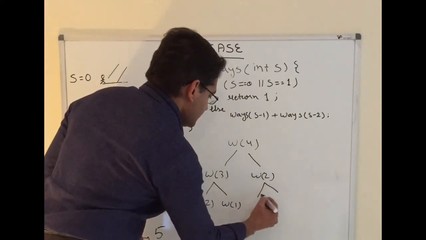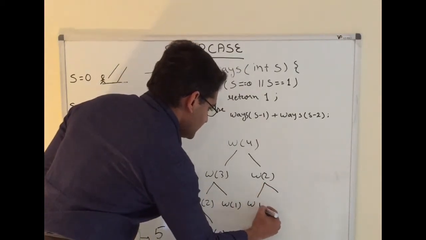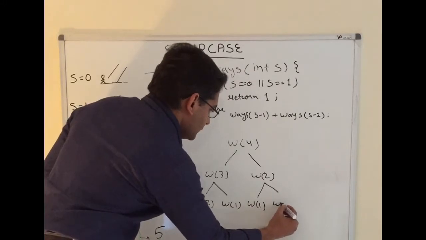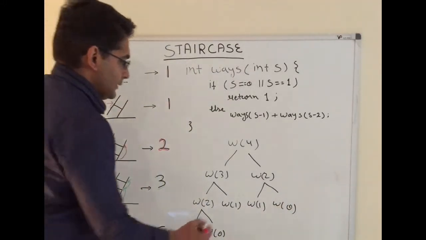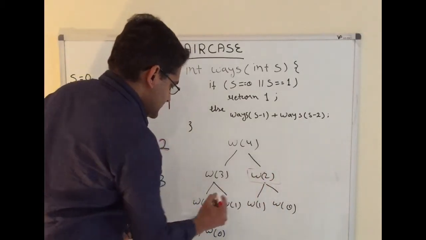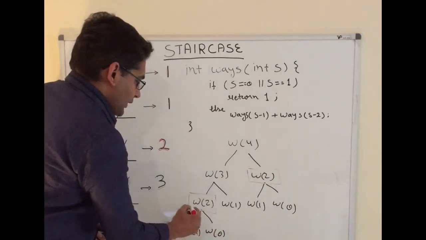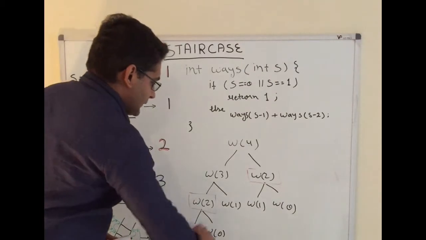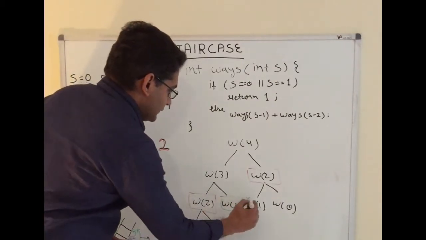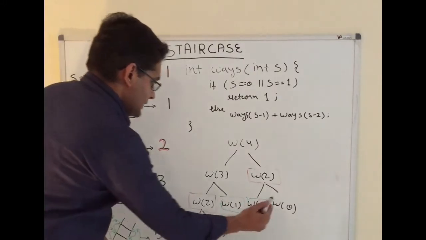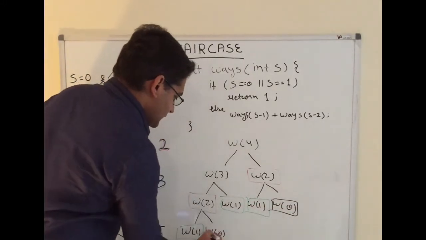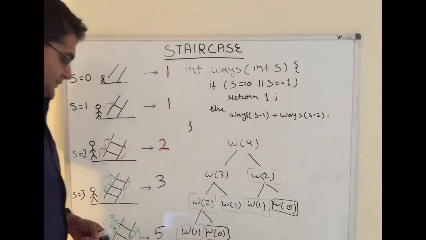And ways 2 will get its value from ways 1 and ways 0. You can clearly see that ways 2 is getting calculated twice. Similarly, ways 1 and ways 0 are also getting calculated multiple times.